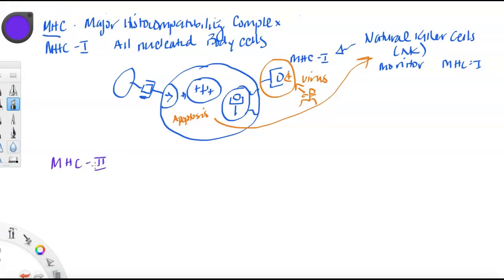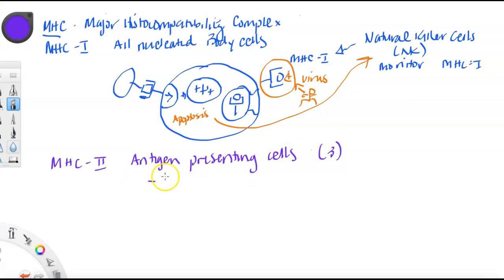MHC2, these little platforms are going to be on antigen presenters, or antigen presenting cells. There's only 3 of those.